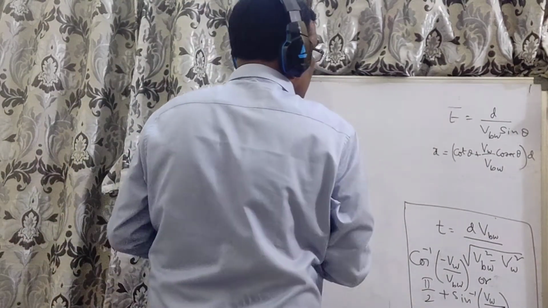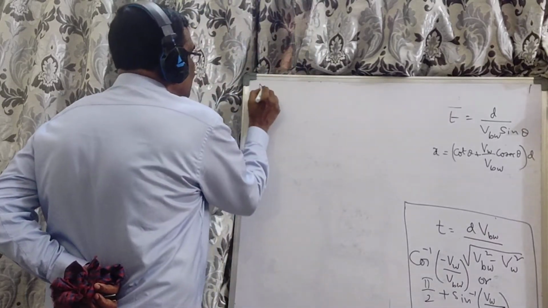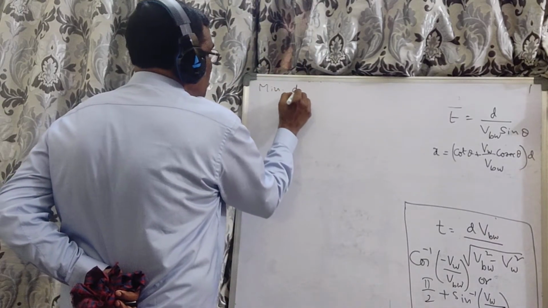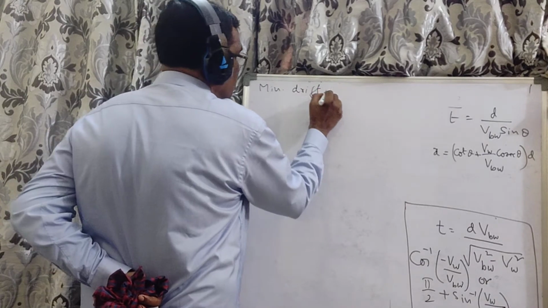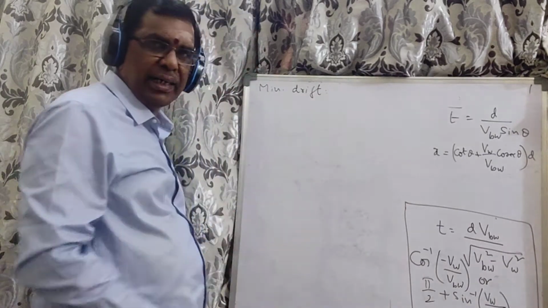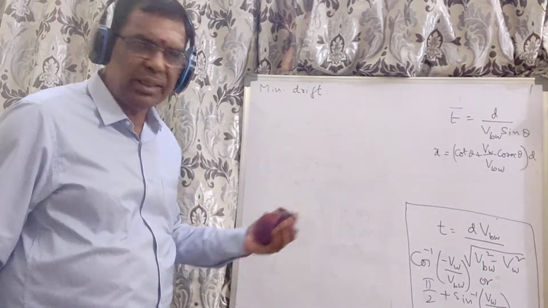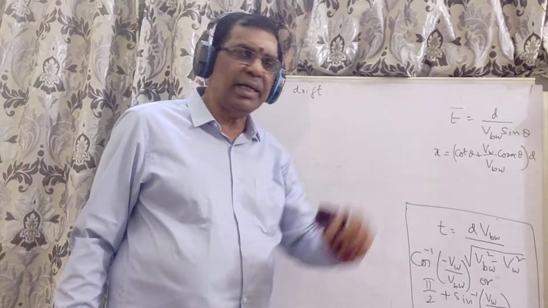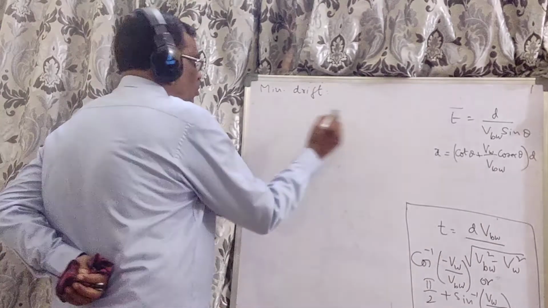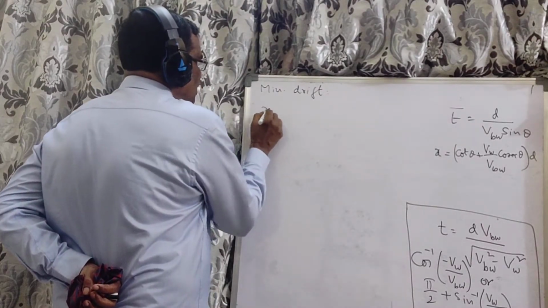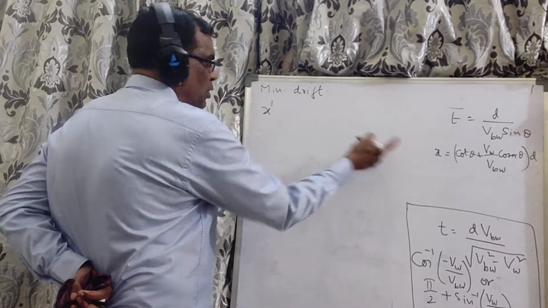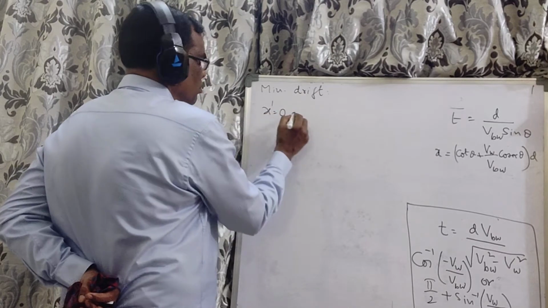Okay? Now, next, I am looking at minimum drift. So this is a little ticklish, because people who are familiar with derivatives can directly do that. How do I do that? The first derivative with respect to theta must be zero.